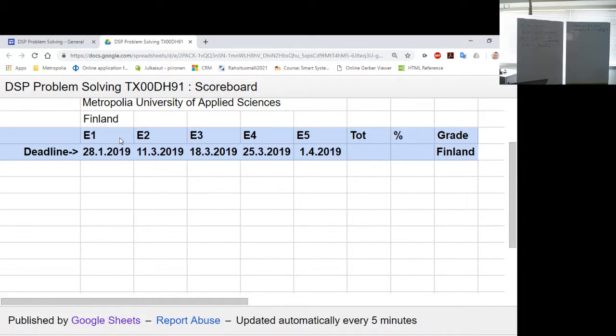Yeah, but the second exercise deadline is on Monday, the 11th. So you have about 1 week more time to finish the second exercise. Again, 1 week each. So the fifth exercise deadline is April Fool's Day, 1st of April.